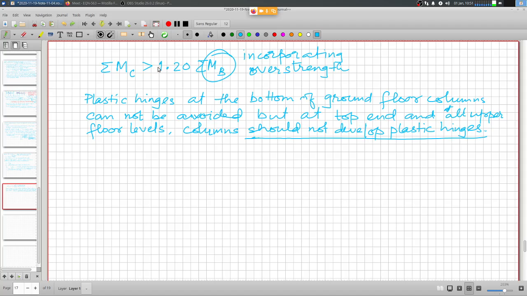Then obviously the moments developed in the column will always be less than their elastic limit. So there is no possibility of developing plastic hinges, and then the fallout of that is, why should we then provide special confining and ductile detailing in the columns?